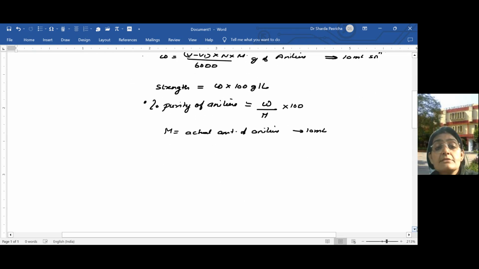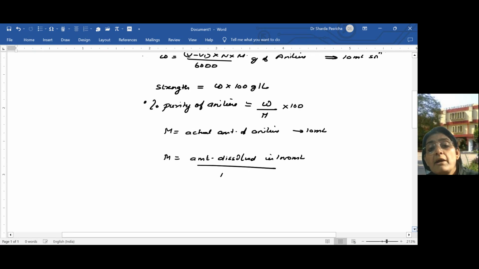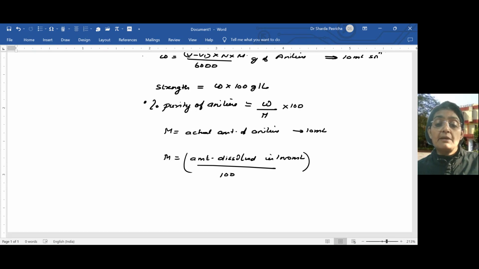You will calculate this M from the amount of aniline you have dissolved per liter divided by 100. That will give you the amount of aniline which is actually dissolved in 10 ml. So ratio of this into 100 will give you the percentage purity of the aniline. That is the theory and the calculation of the experiment.